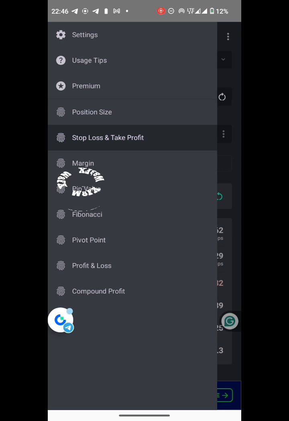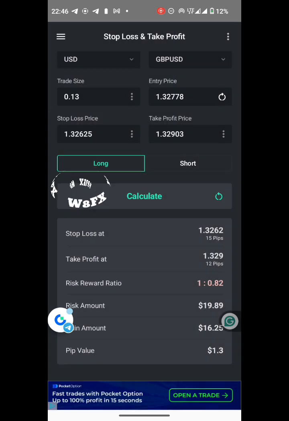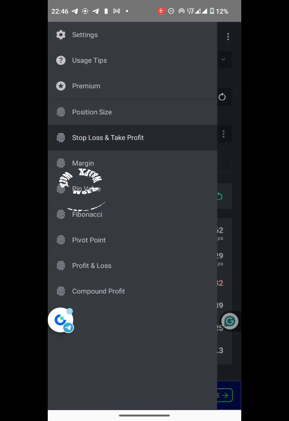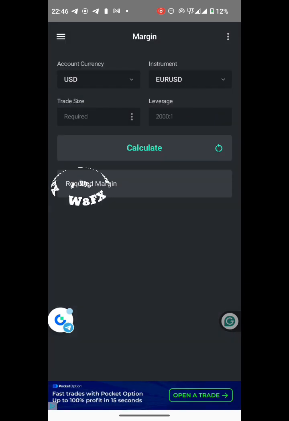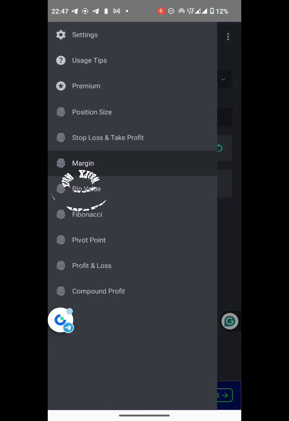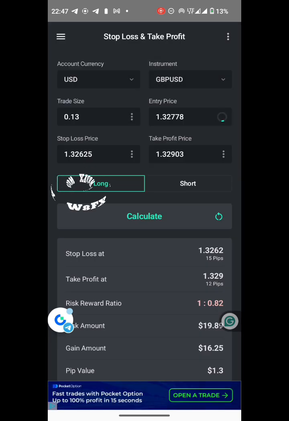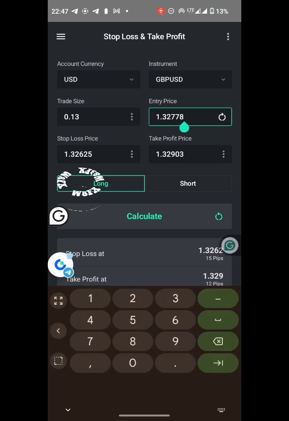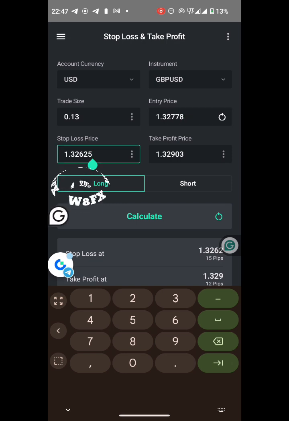These are the main things to know about it. You can see there are still other options, like margin, but the main ones we are going to be using often are the stop loss and take profit. So once we have our setup, we want to know our entry price, we put it here. We want to know our exit price, which is the stop loss, we put it here.